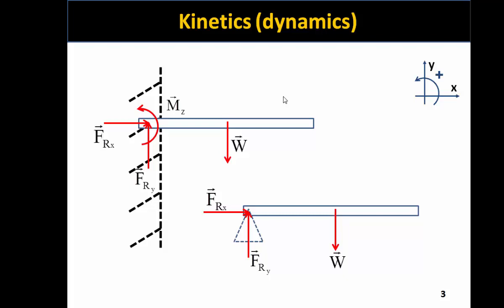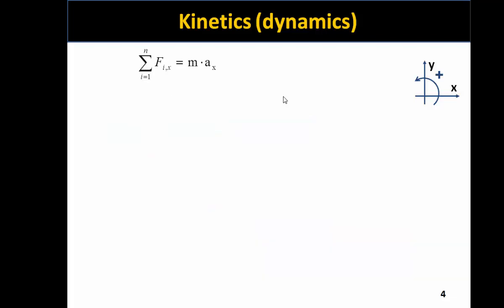Okay, so as we move back to our dynamic analysis, we take the approach by starting with our equations of motion in the x direction. What I'm going to ask you to do is pause the video in a moment and go back to the free body diagram and the kinetic diagram.